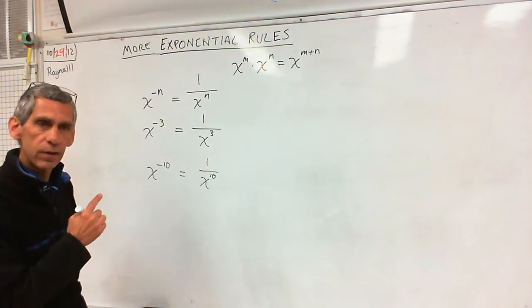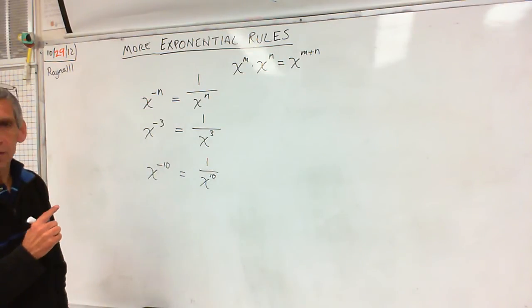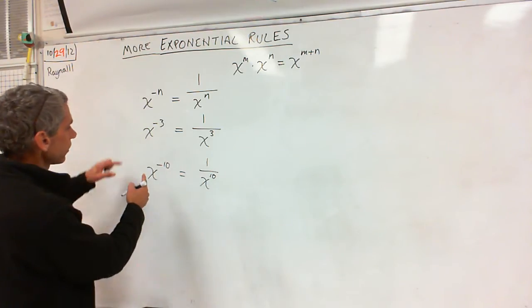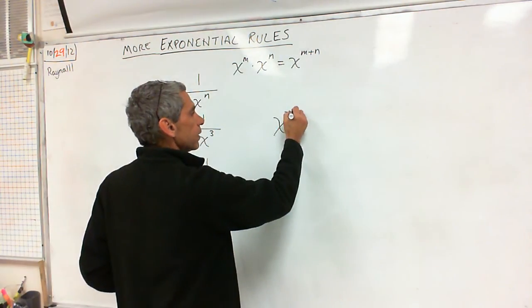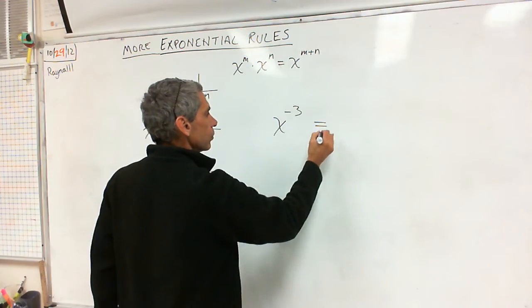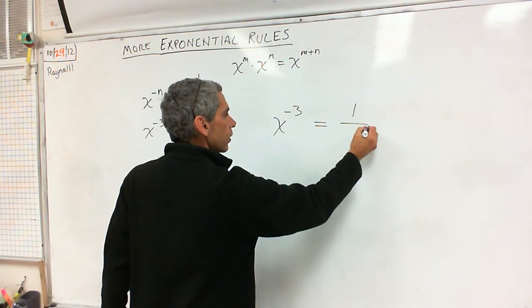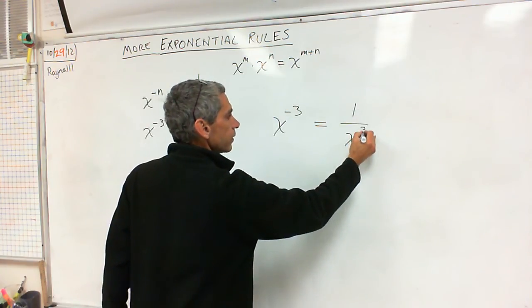Now, there is something about this that's actually worth talking about a little bit further. I'm going to just take this one, x to the negative 3. I'm going to do it over here. X to the negative 3 is equal to 1 over x to the positive 3.